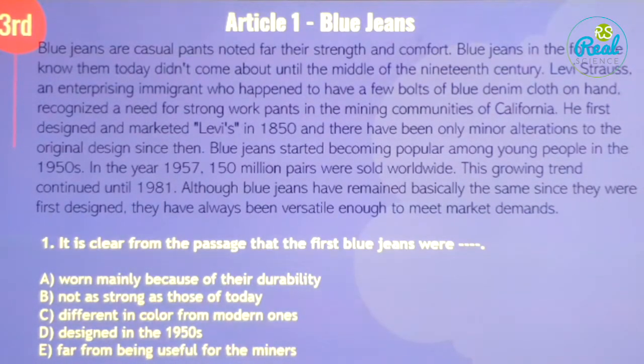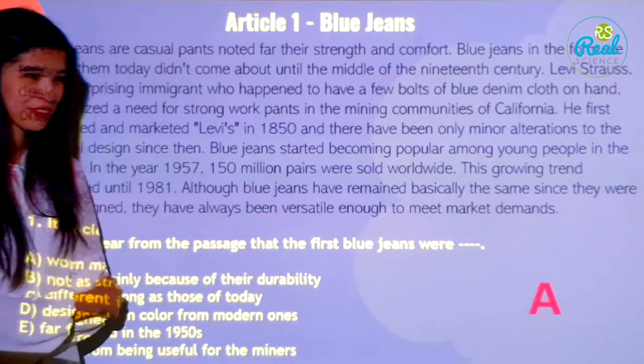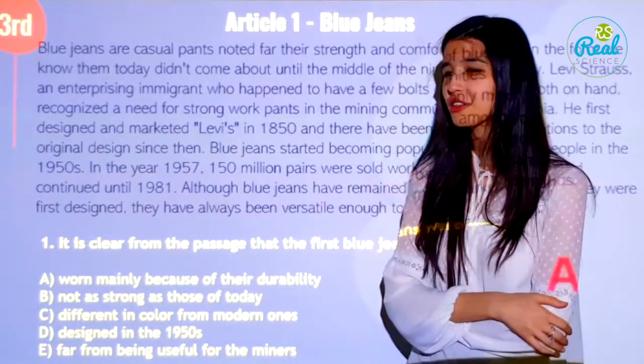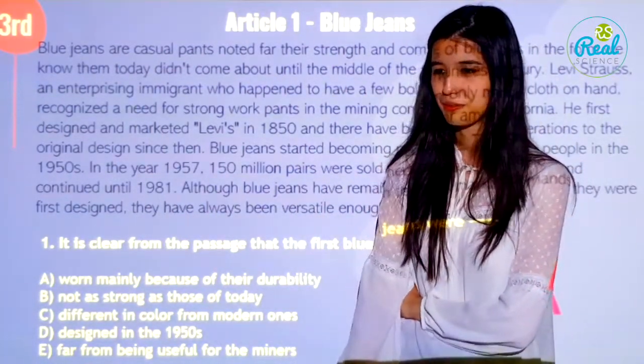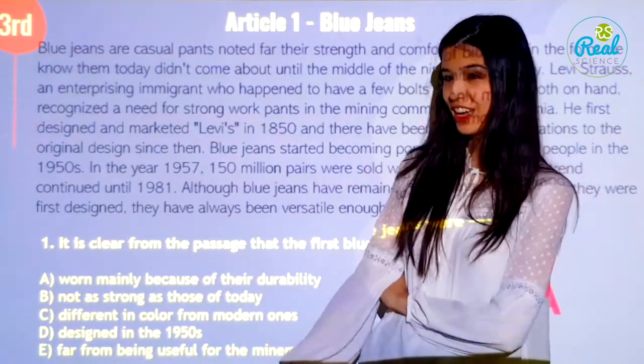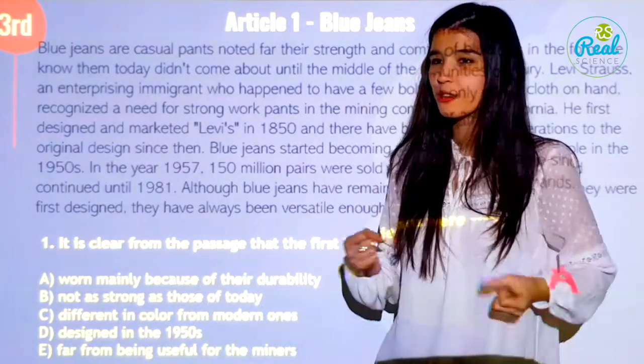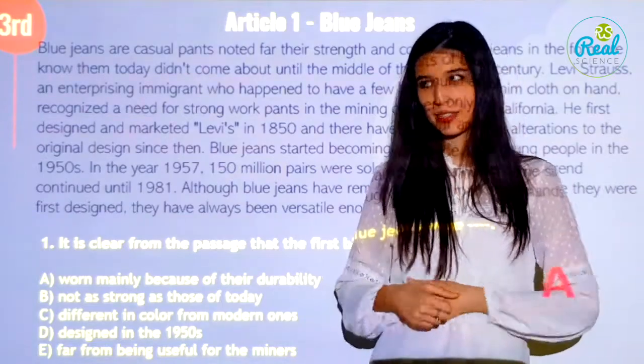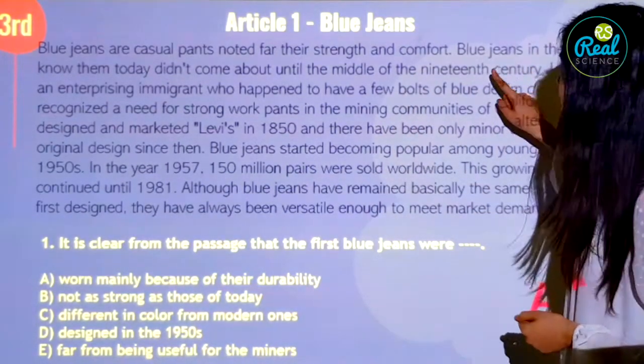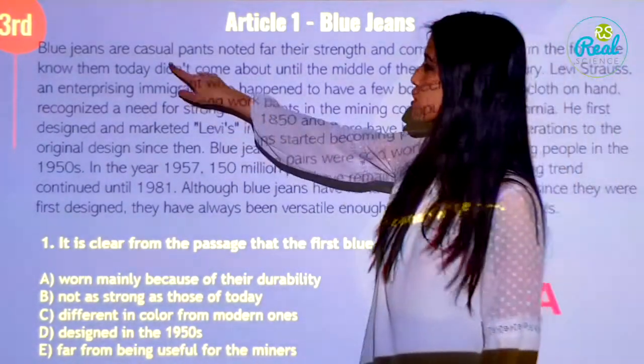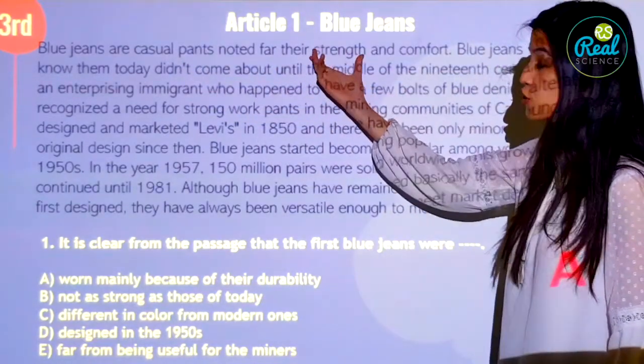Okay, let's check. The answer is A, because of its durability. What does the word durability mean? Strength. Exactly. How long it lasts, yes? How high quality is it? Okay, if you read here, first of all, blue jeans are casual pants noted for their strength.